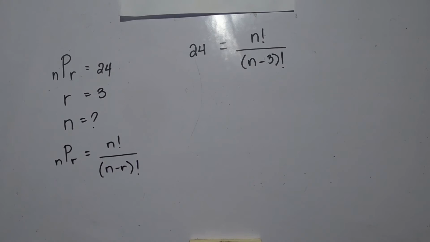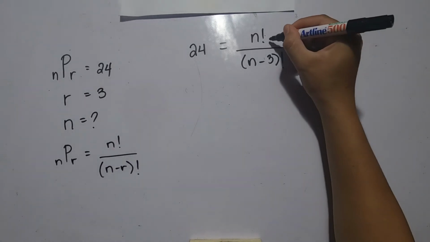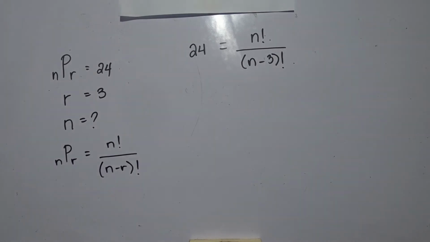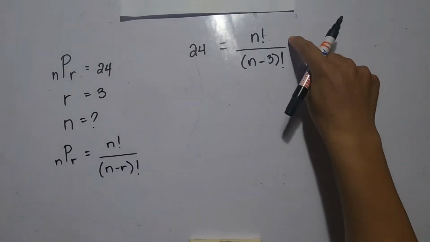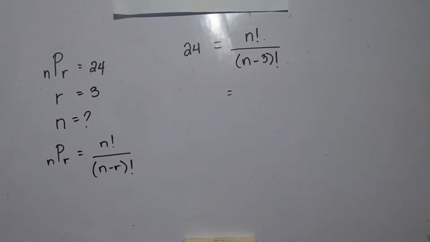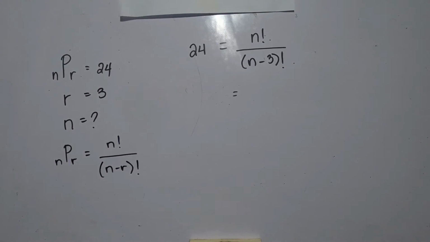In order for us to solve for the value of n, we must eliminate this factorial symbol. To do that, we will use the definition of factorial notation. N factorial means the product of positive integers less than or equal to n.